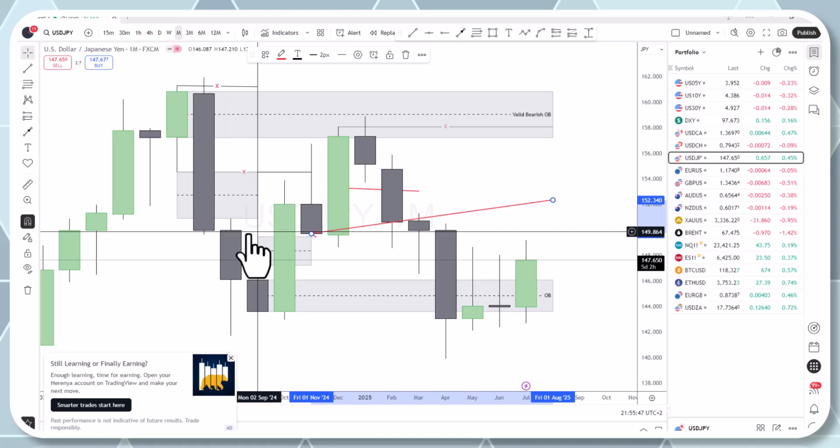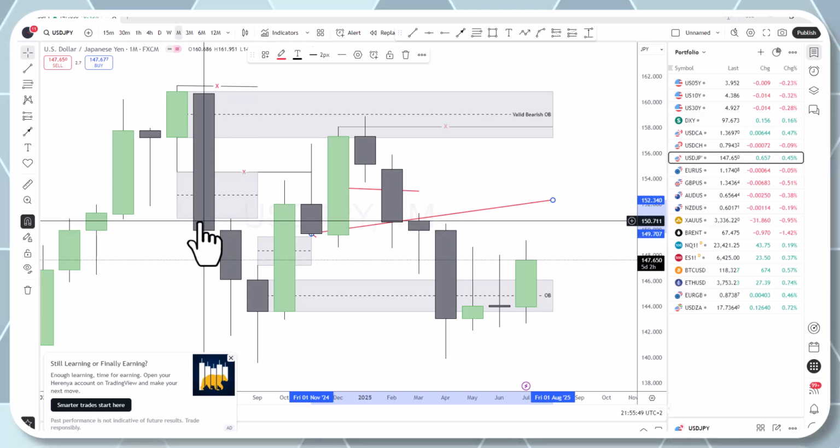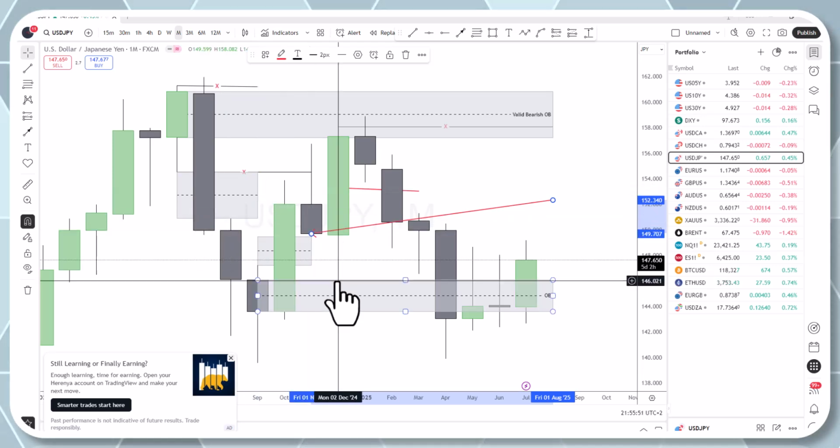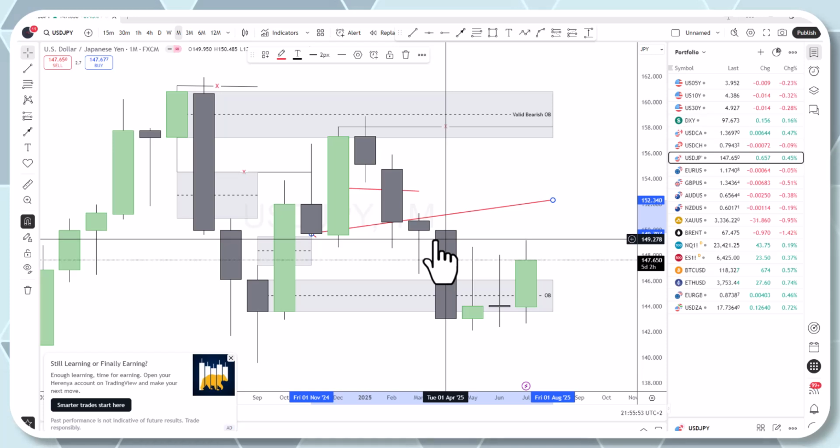Number 2, OB with no liquidity sweep. Number 3, OB with imbalance but no inducement. Number 4, weak price movement away, no conviction. If there's no conviction in terms of price moving away from the OB, whether it's bullish or bearish, then your OB is invalid.